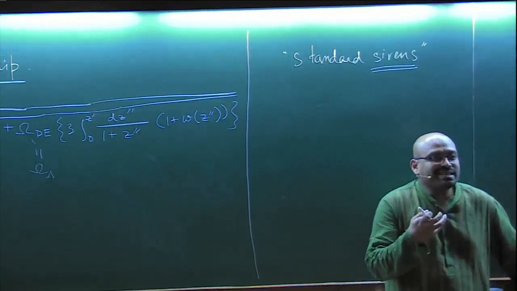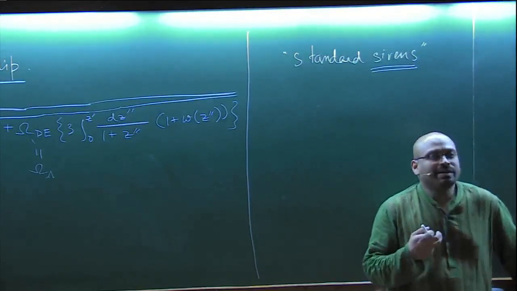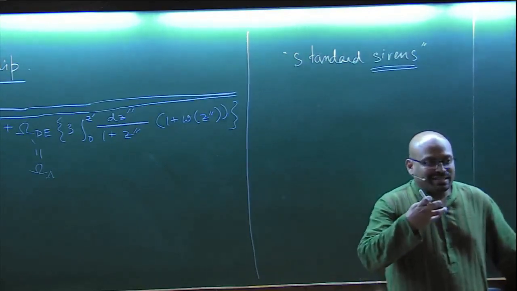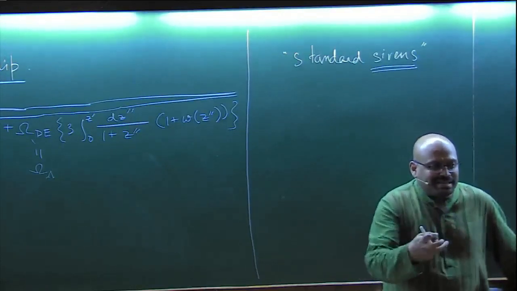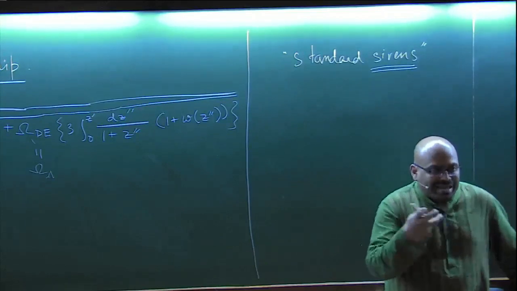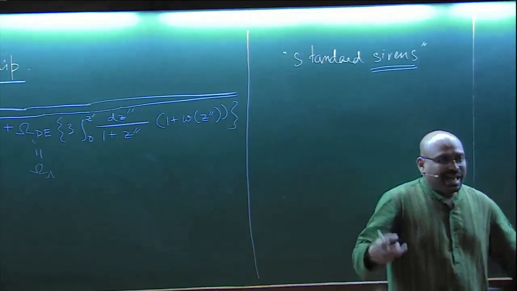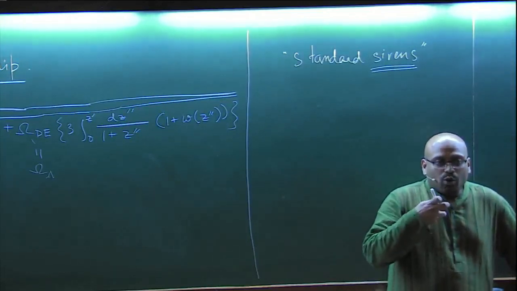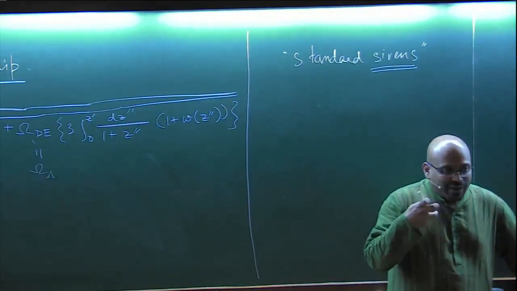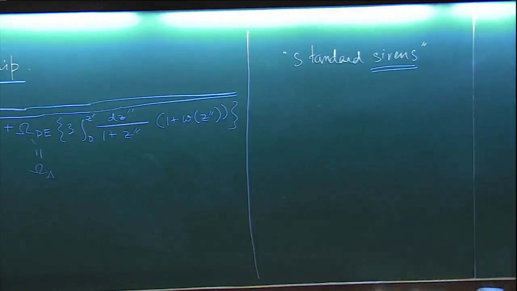And mass sets an overall scale for the system. If you just take the mass and replace it by twice the mass, there's going to be a straightforward scaling, and everything is going to go down to lower frequencies.